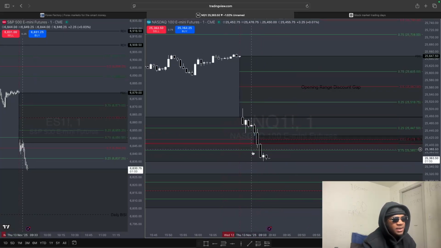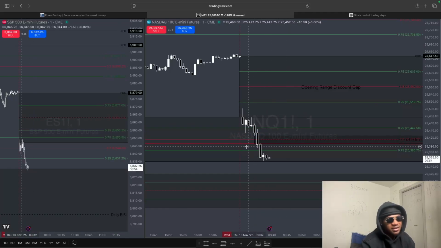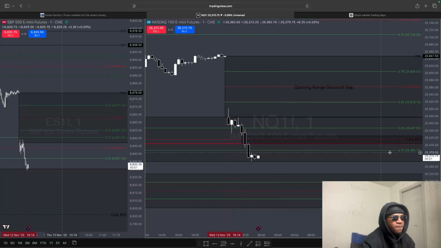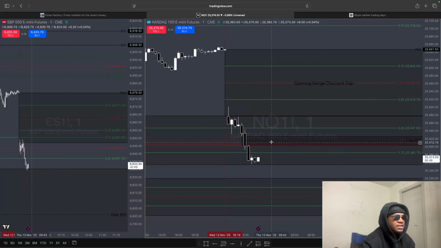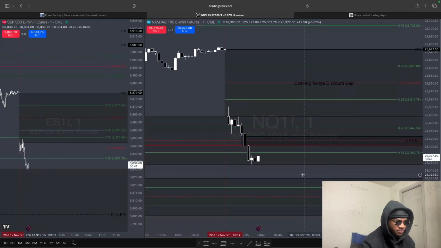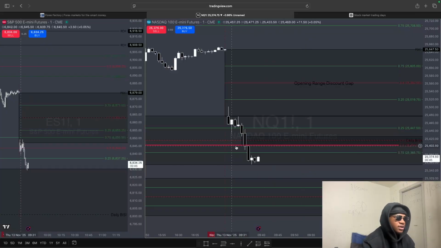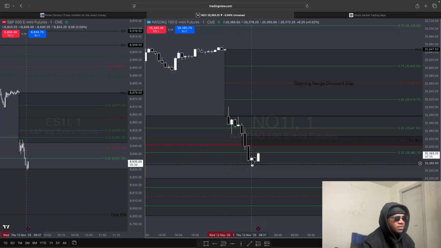So this is a very high probability sell side imbalance, buy side inefficiency. To me, I definitely like it if it gets inversed. I'm gonna draw. I like the middle.